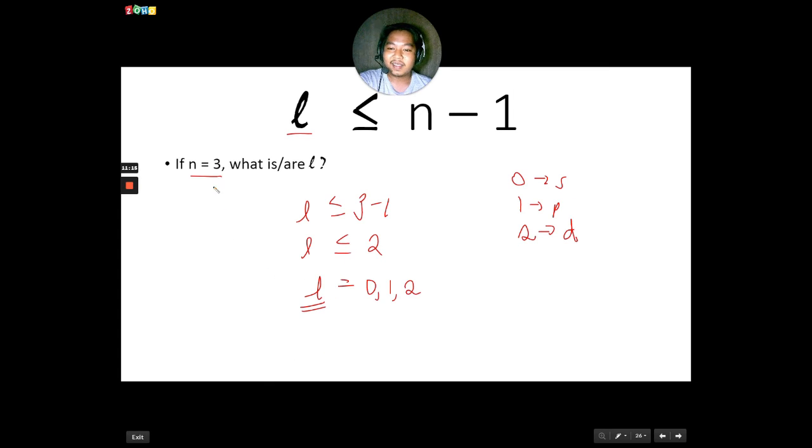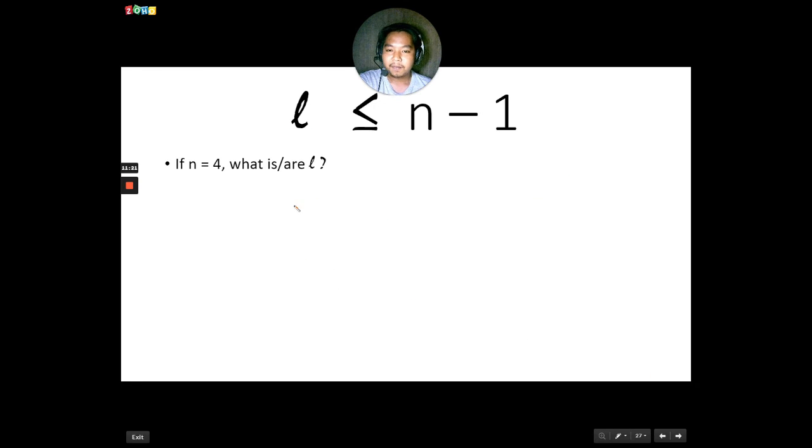And moving forward, if n is 4, L would be 4 minus 1. Don't forget the less than or equal sign, kasi minsan dyan namamali ang mga bata. L is less than or equal to 3, and the possible values for L are 0, 1, 2, and 3.